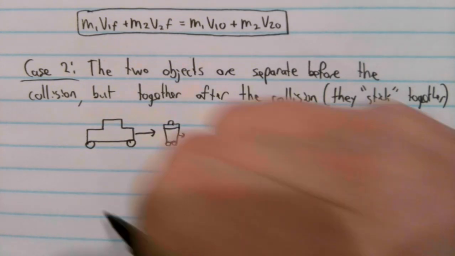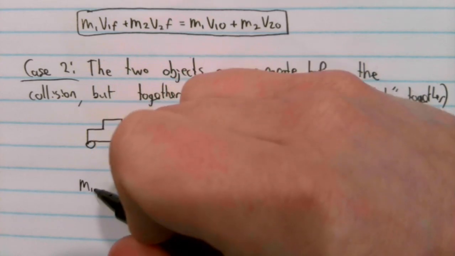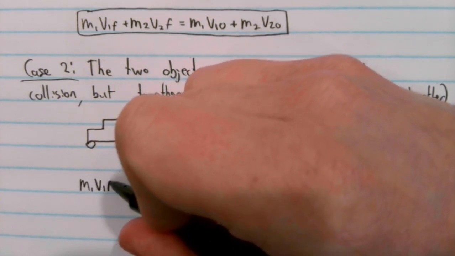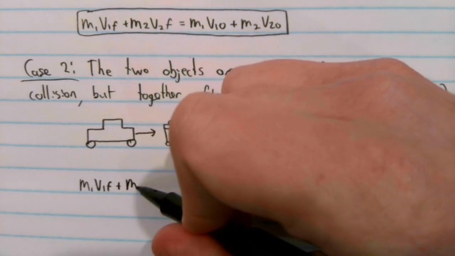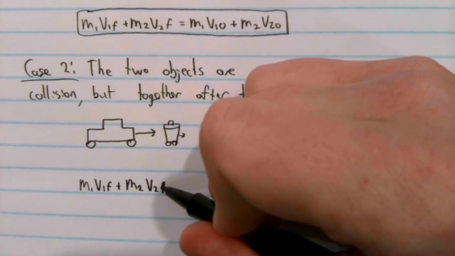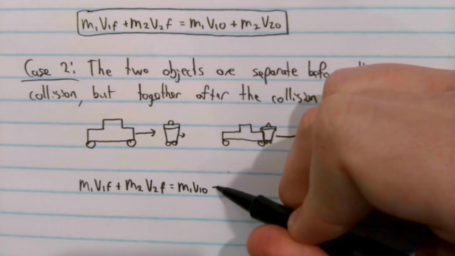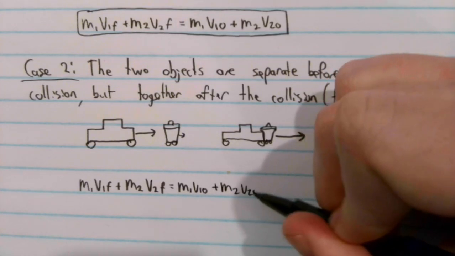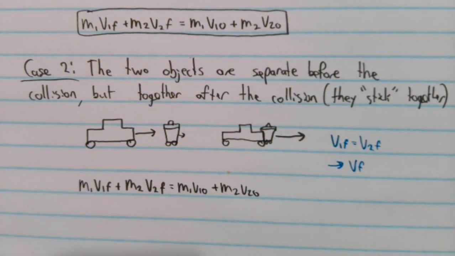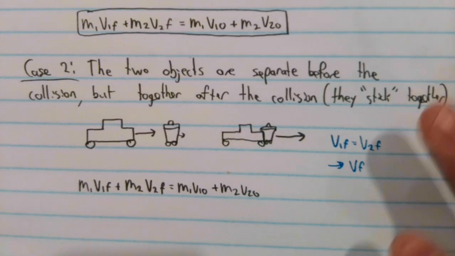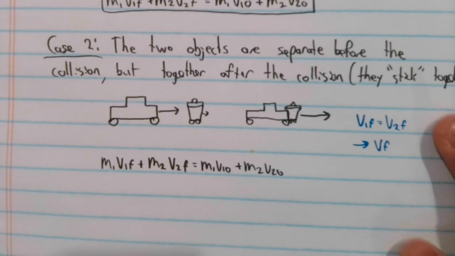So let's take that detailed equation that we came up with at the beginning, m1 v1 final plus m2 v2 final equals m1 v1 initial plus m2 v2 initial. Again, that's m1 v1 final plus m2 v2 final equals m1 v1 initial plus m2 v2 initial.